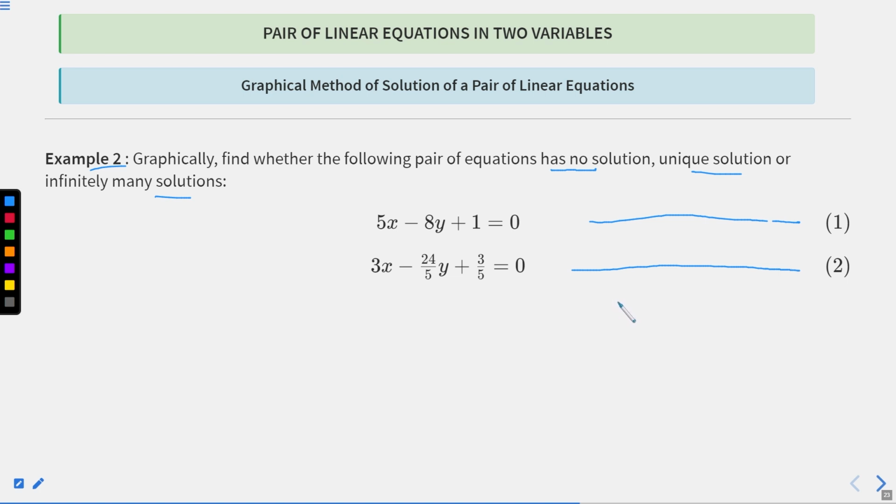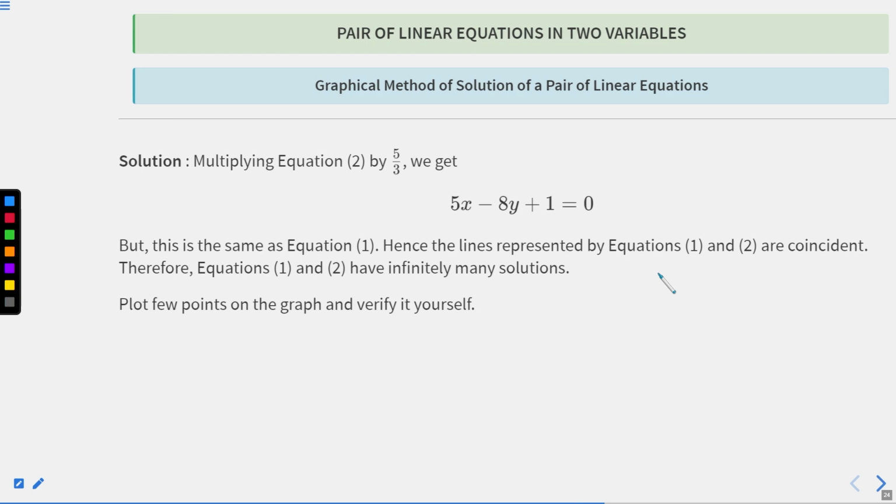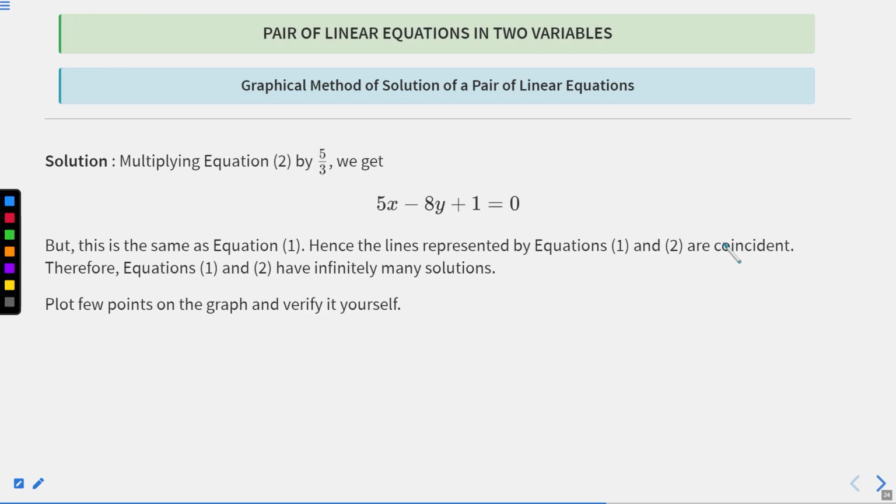Now we have to find whether this pair of linear equations in two variables has no solutions, unique solutions, or infinitely many solutions. Let us see how to solve this.